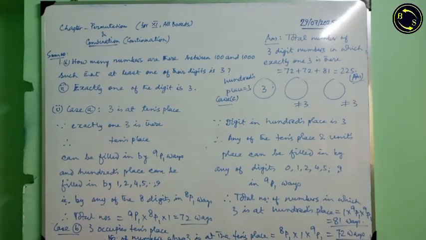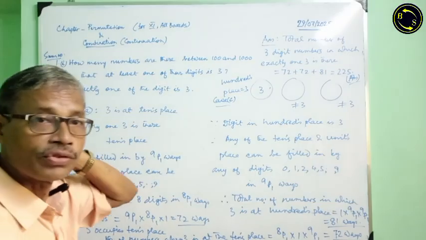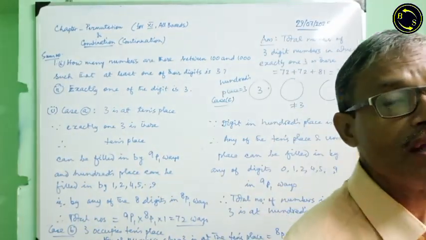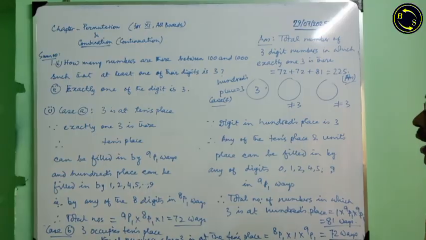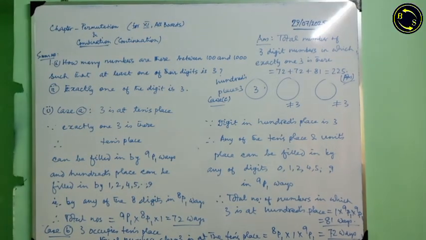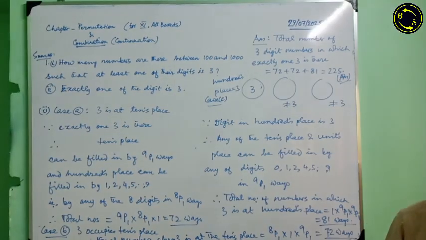Thus, I have discussed two cases when forming 3-digit numbers: at least one 3, and second, exactly one 3.